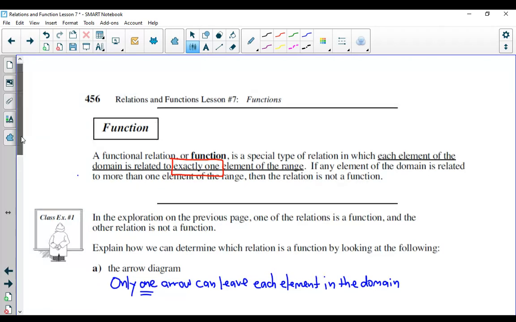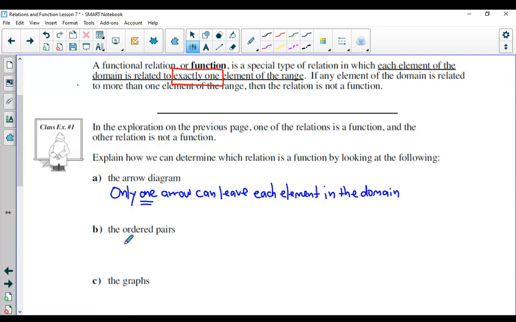Okay, so let's summarize that. Each distinct x coordinate has only one y coordinate.